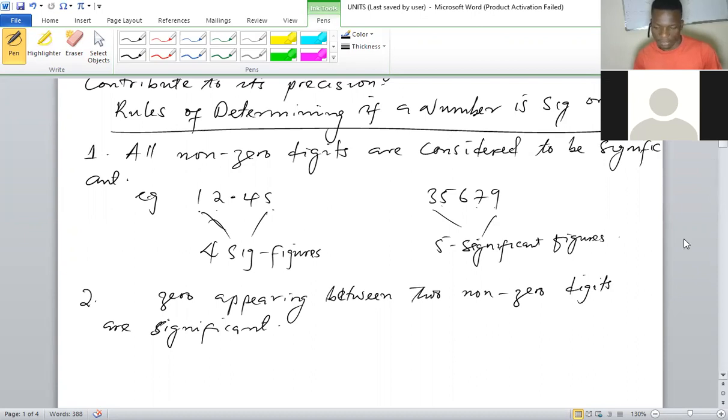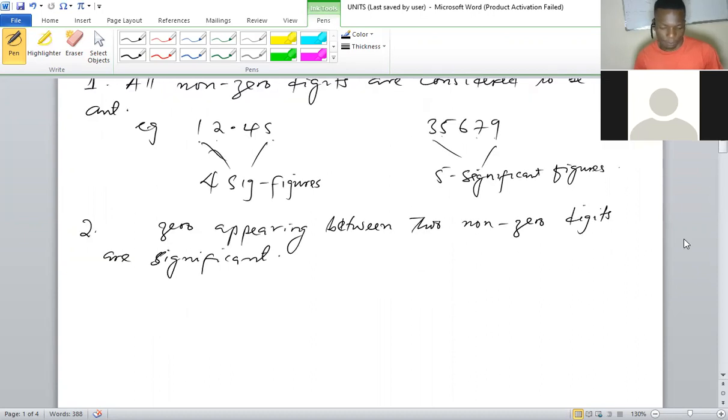So let's take, for instance, 205. Example, we have 205. You have 10.03, like that. Since these zeros are between the non-zero digits, they are also going to be significant.